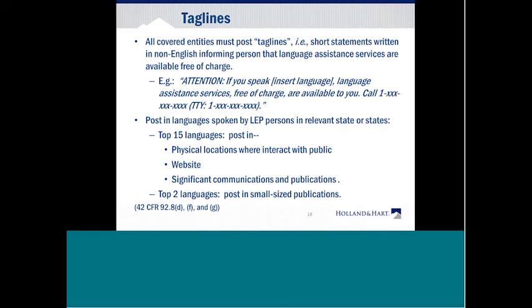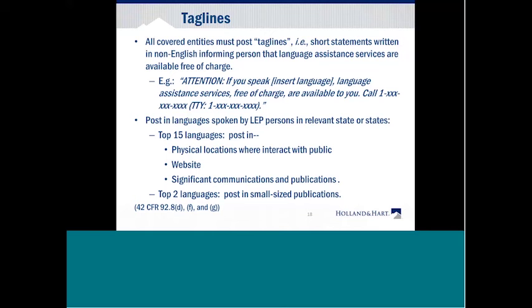So for this notice of non-discrimination, it's got to contain those 7 elements, and that can be in English. They encourage you to do it in non-English, but you're not required to, at least under the express regulations. But these taglines, you do have to post in non-English. Those taglines basically just tell the person that, hey, if you speak whatever language it might be, the language assistance services are available free of charge, and you can access those by calling a particular number.